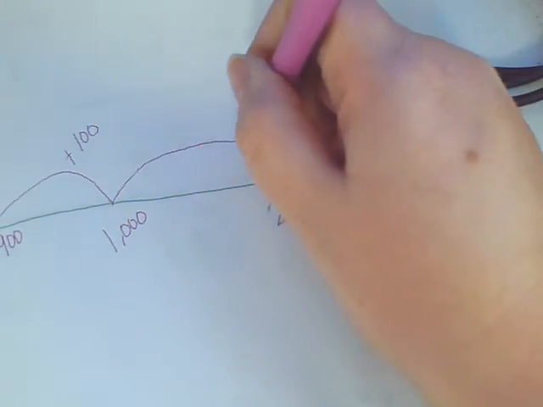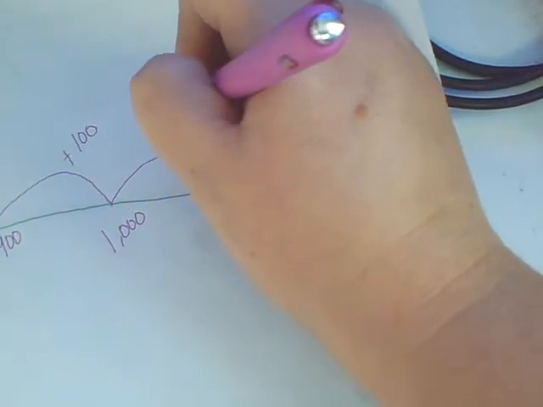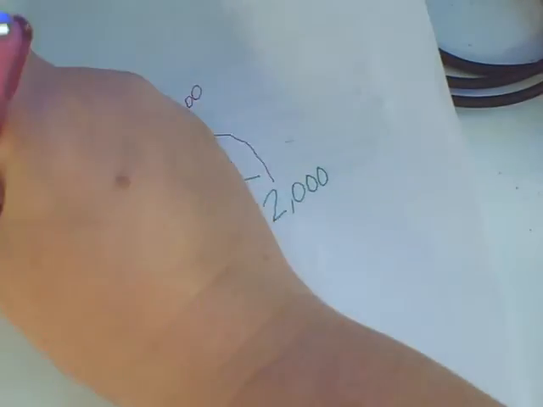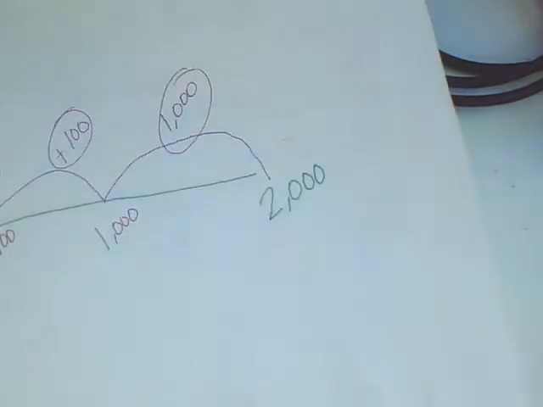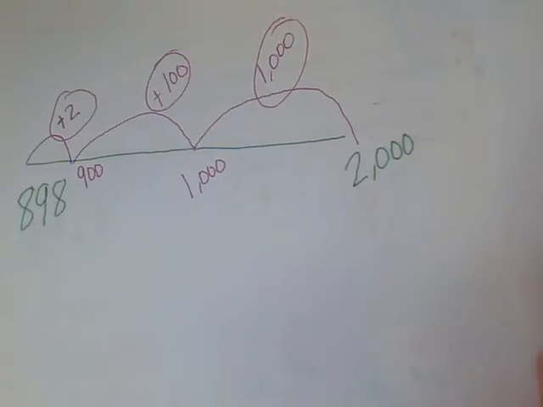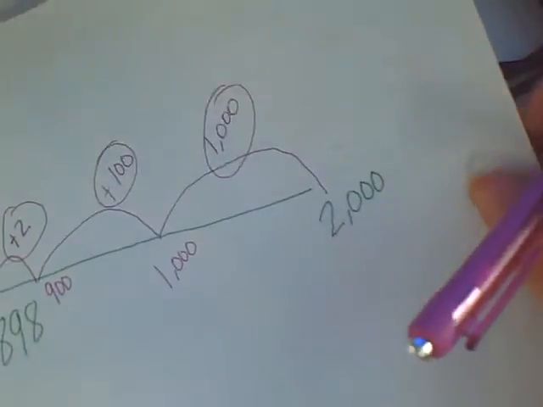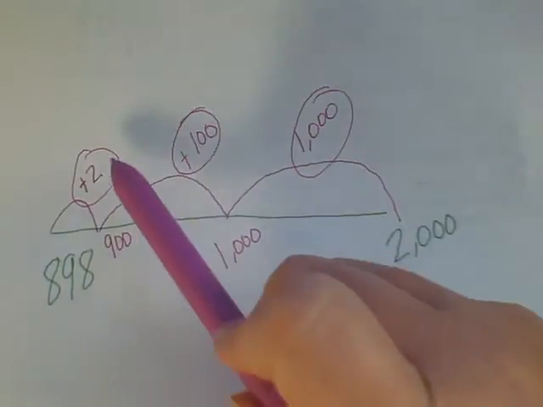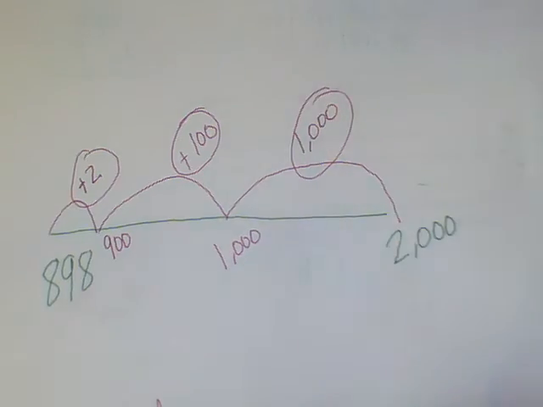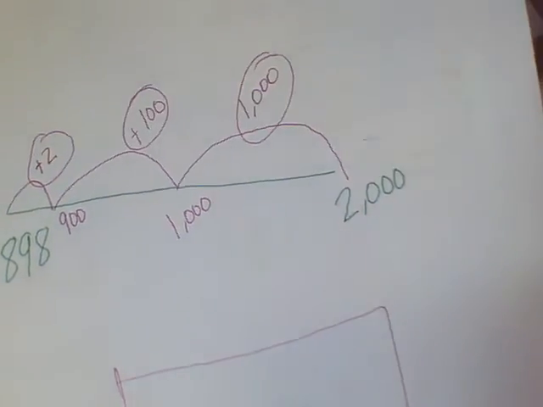Well, how many more do I have to go to get to 2,000? I had 1,000 more. I take those 3 and add them together, and that's how I get my answer. So you can subtract it like this, or you can play get to. Add them up, and it will give you your total.